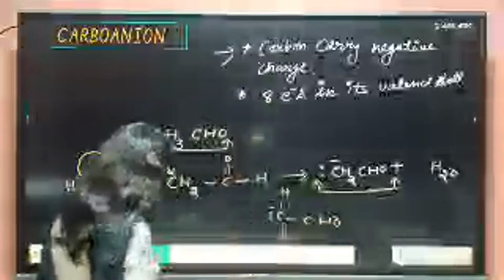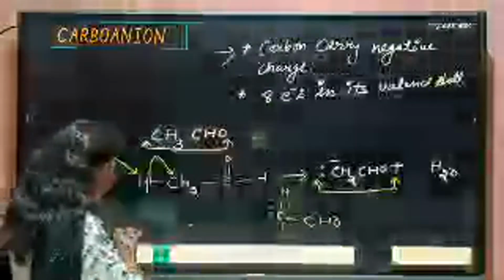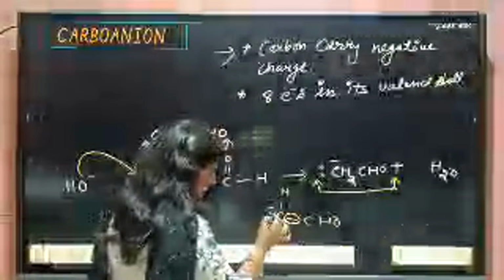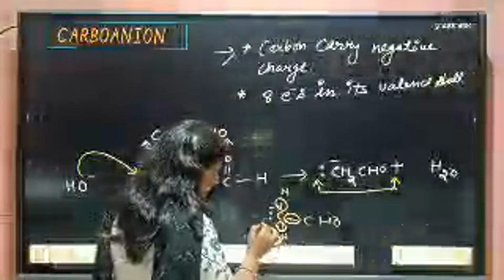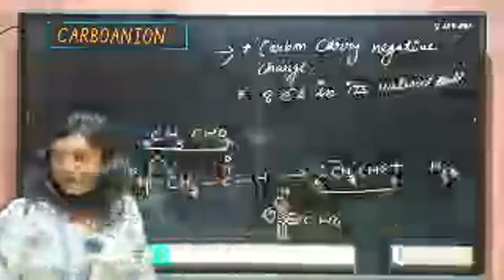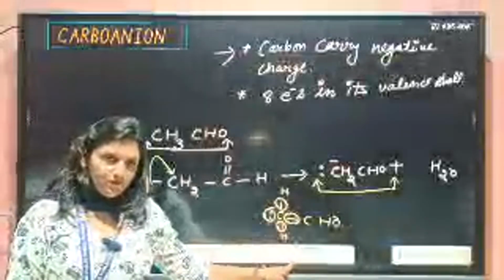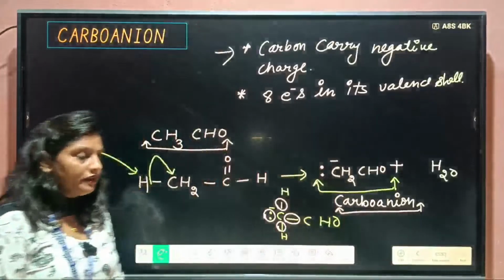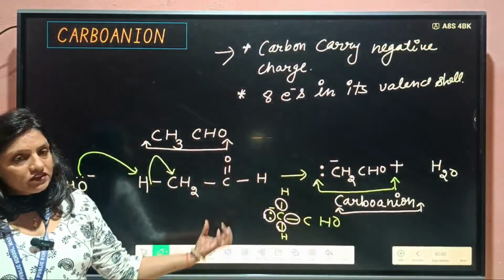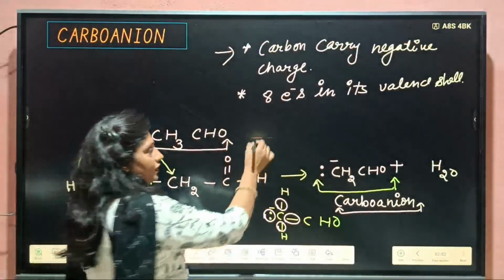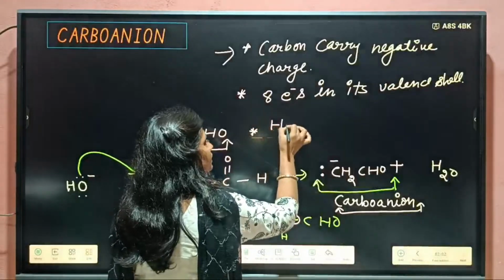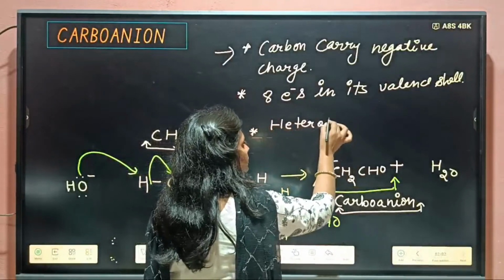So you can see how many electrons are there? 2, 4, 6 and one pair of this one. So there are a total of 8 electrons in the valence shell. Clear? Clear or not? Yes. What type of cleavage takes place here? Heterolytic.